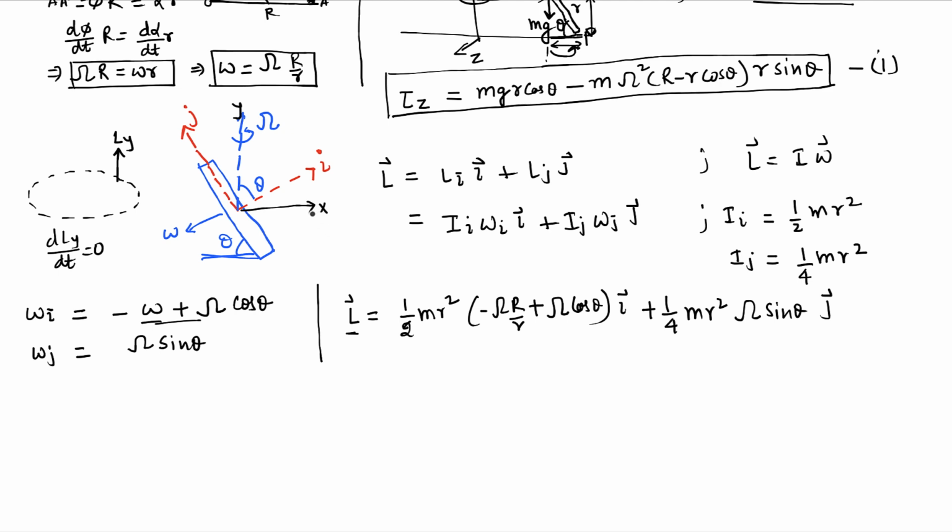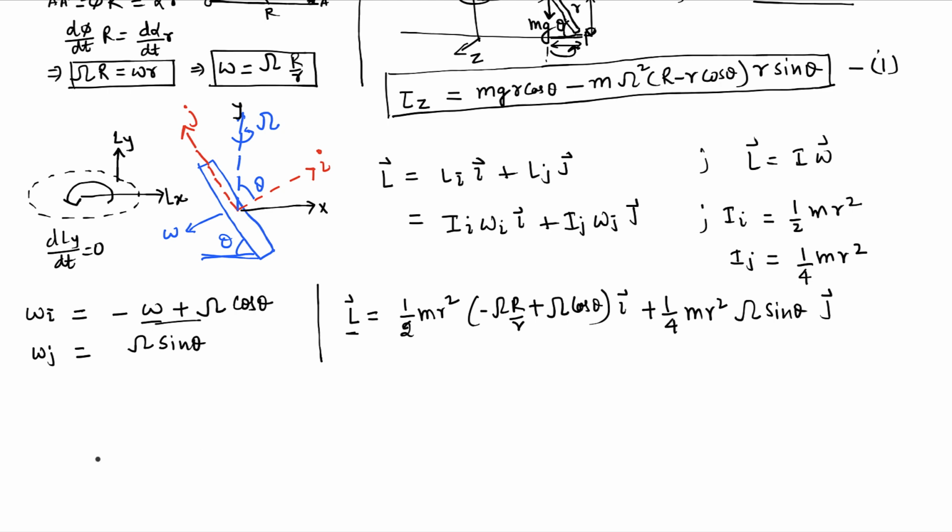But Lx, on the other hand, is in this direction and it is rotating like this. So although the actual value of Lx is not changing, the direction of Lx is changing, which means Lx is changing. Therefore, dLx by dt is not 0. So how do we compute dLx by dt?